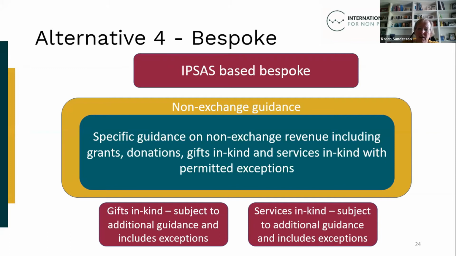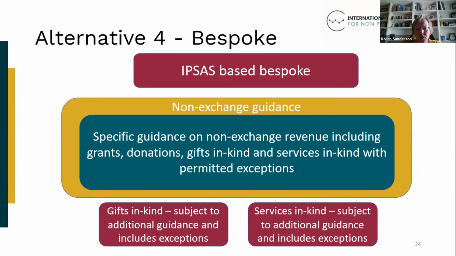So these are things that we could look at to simplify the application of IPSAS in this example. This alternative would also permit but not require NPOs to recognise services in kind, similar to the situation in IPSAS 23. And as with alternative 3, non-exchange revenue would not be recognised until performance requirements have been satisfied.